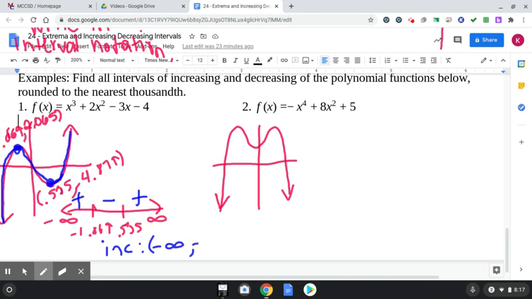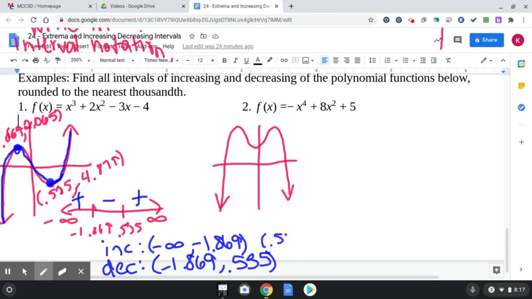And we are increasing until negative 1.869. Then, at negative 1.869, we start to decrease until 0.535. Then at 0.535, we pick back up and we start to increase again. So then we have 0.535, and we keep increasing until infinity.